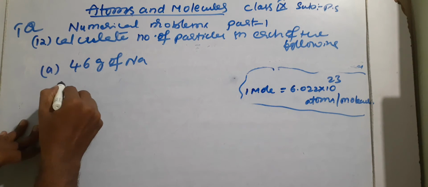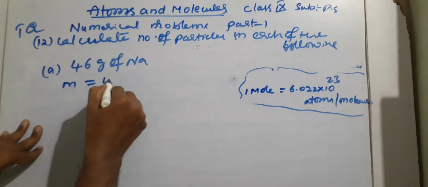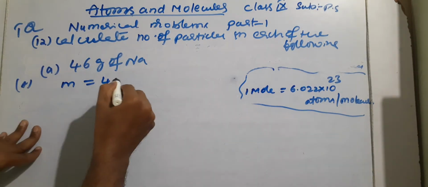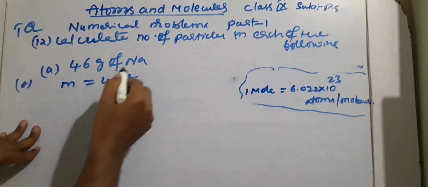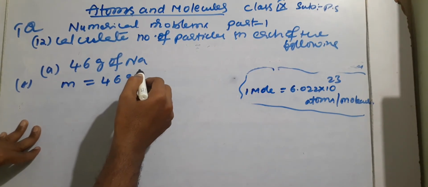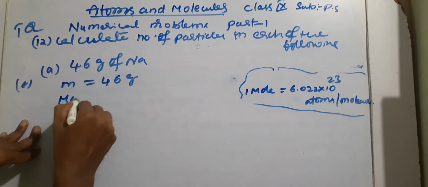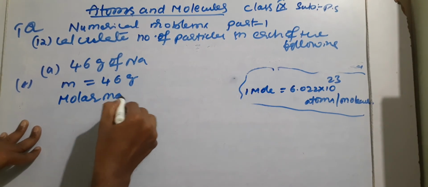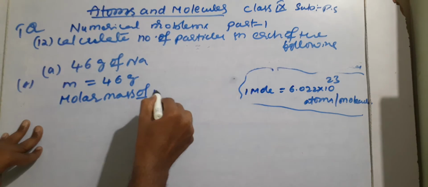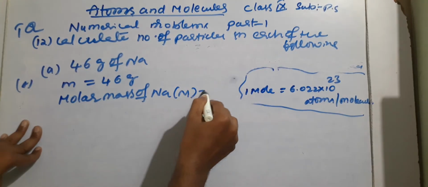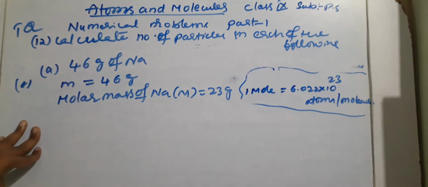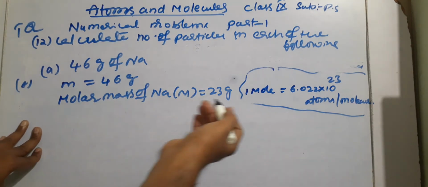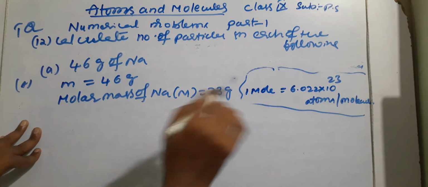Mass is given, students. Here mass is 46 grams. And we know that the molecular mass of Na is 23 U. Then the molar mass of Na, denoted by capital M, is 23 grams. Actually the molecular mass of sodium is 23 U, but molar mass we generally write as 23 grams.